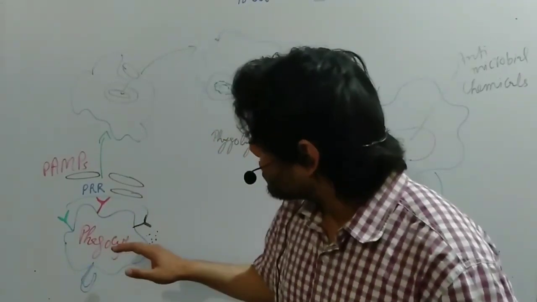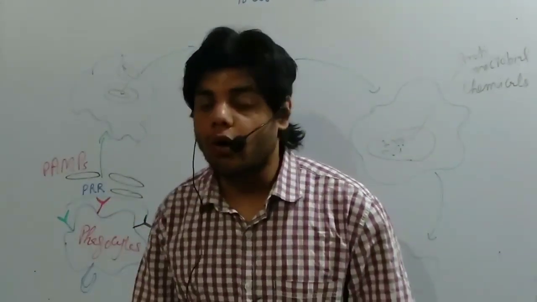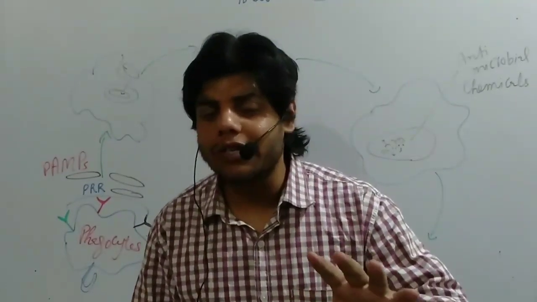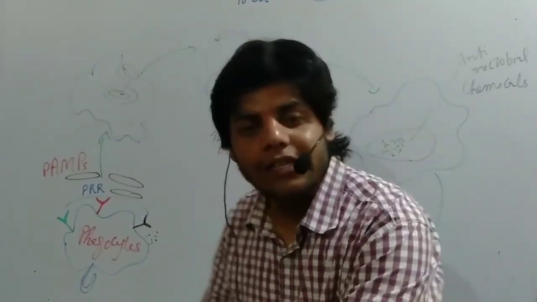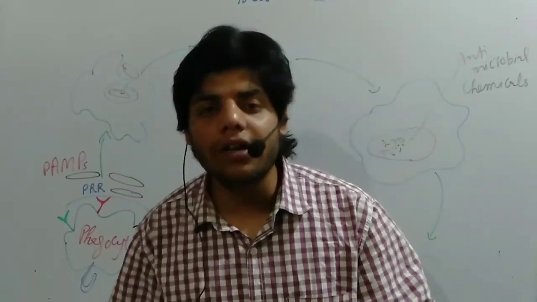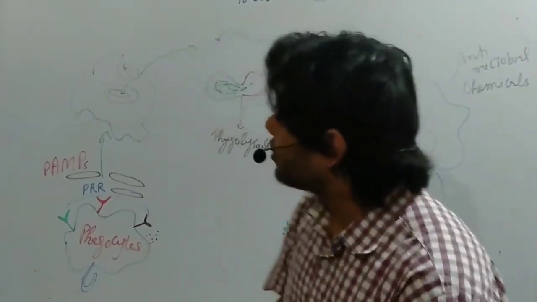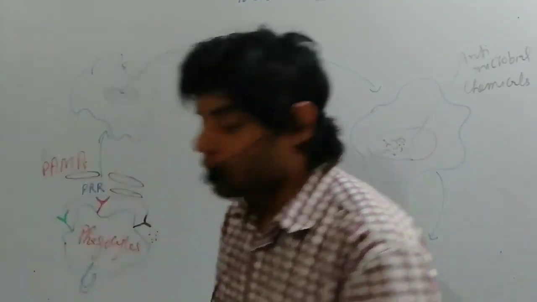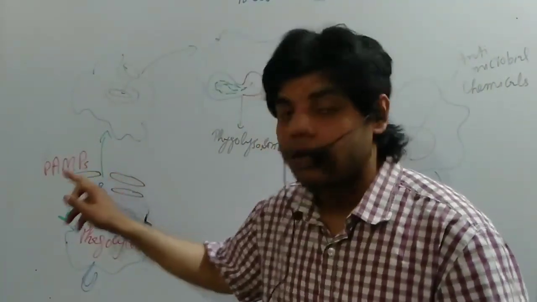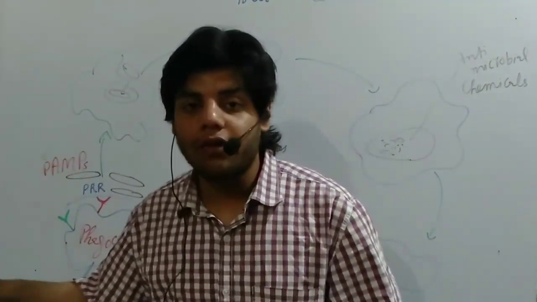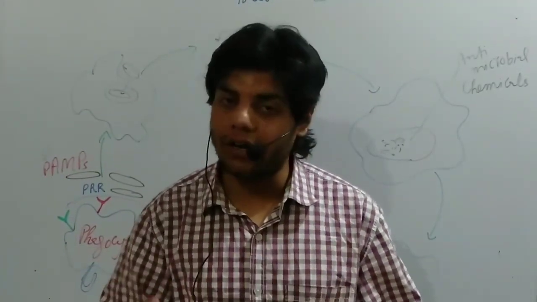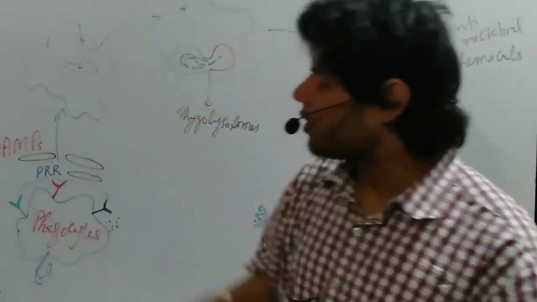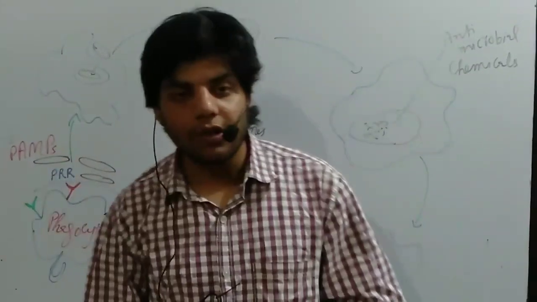Each phagocyte is not activated against our own cells, but it is activated on the bacterial cell. What is the reason behind that? It is due to these PAMPs. Due to these PAMPs, the bacteria are engulfed, but our own cells are not engulfed by these phagocytes. So in the next video lecture I will explain these PAMPs in detail.